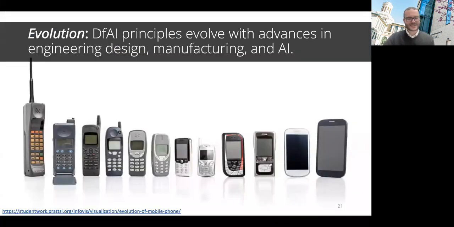And then finally, the sixth initial principle for DeFi is evolution. DeFi principles must evolve with advances in engineering design, in manufacturing, and in AI and machine learning itself. So I think I actually started off this talk talking about how engineering design and manufacturing and AI are dynamic, right? They're changing, they're evolving.